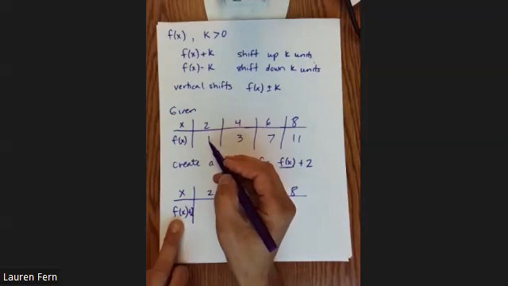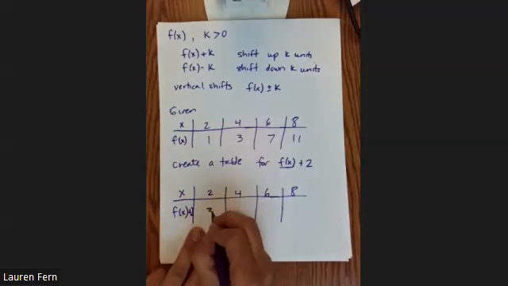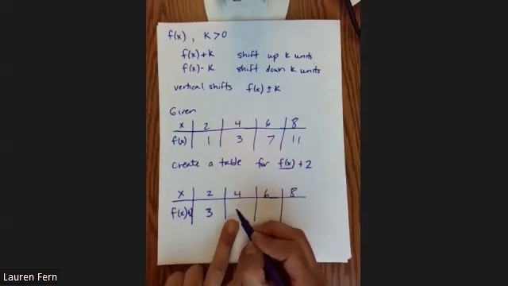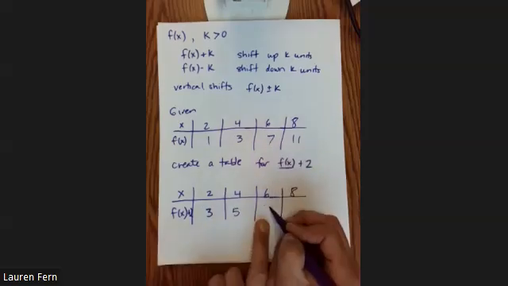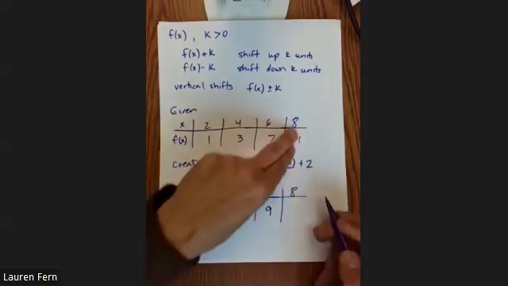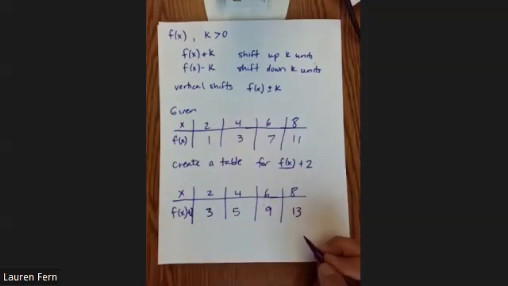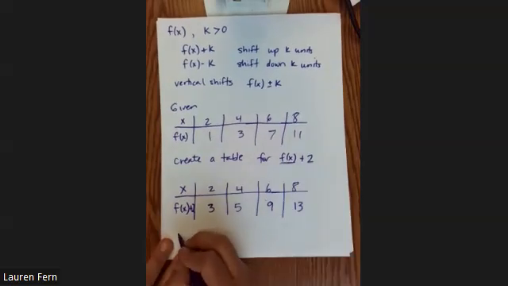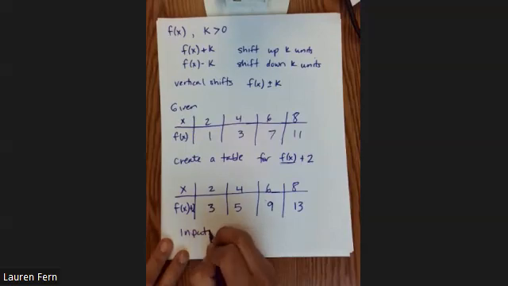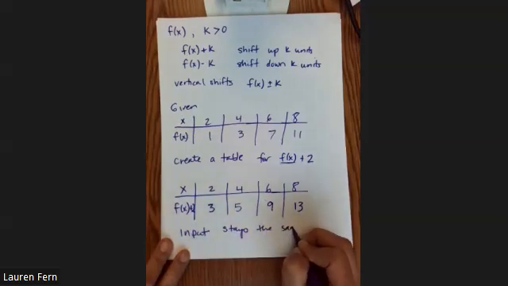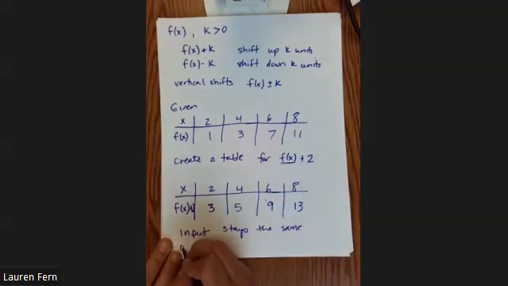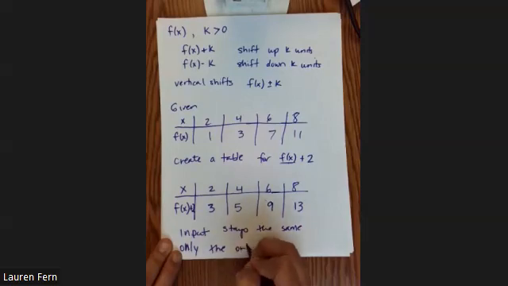Well, f of x was 1, plus 2 makes 3. Good. What would I get out here? 5. 5, 9, and 13. So notice with each of these with a table, the input stays the same. We didn't mess with our x values. Only the output changed.